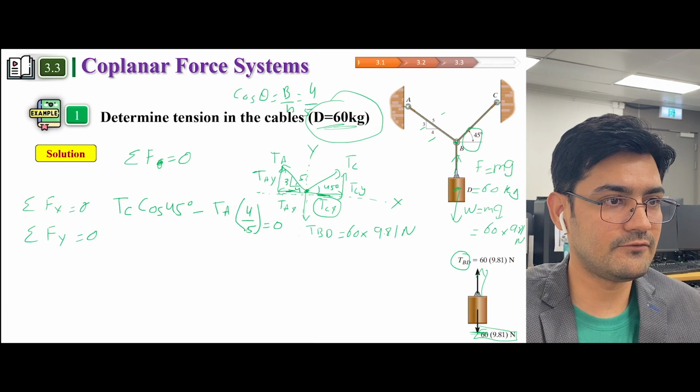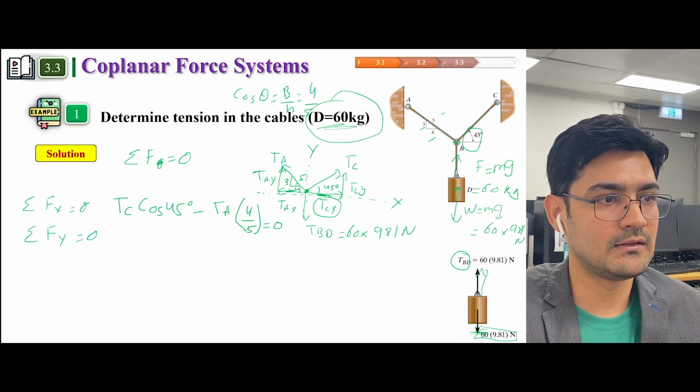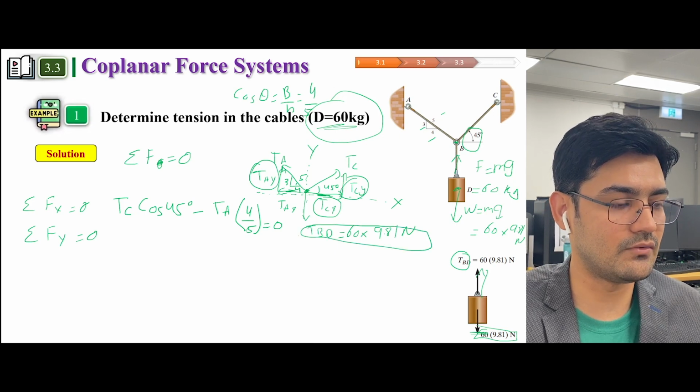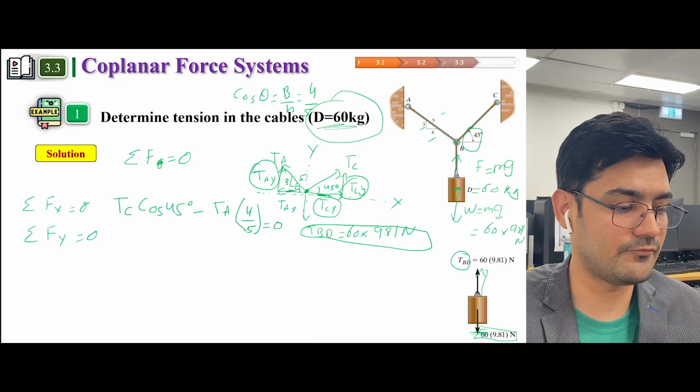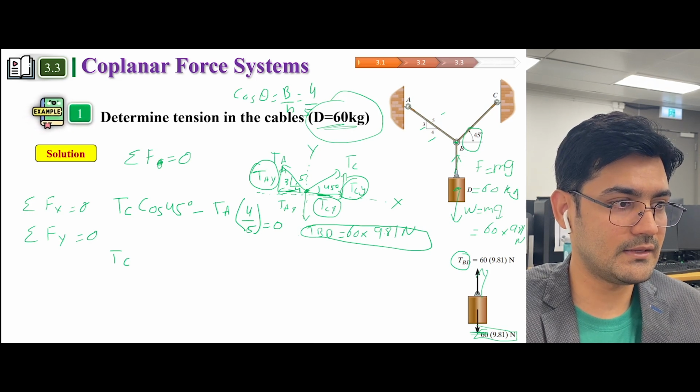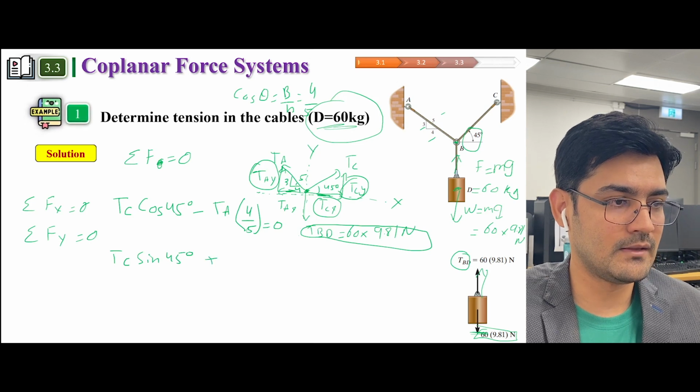Now for the vertical forces, this is one vertical force, this is two vertical force, and this is our third vertical force. So I'm gonna write down the equation of equilibrium for vertical forces. TC, this is the TC, and TC would be sine of 45 degree because it's a vertical component.